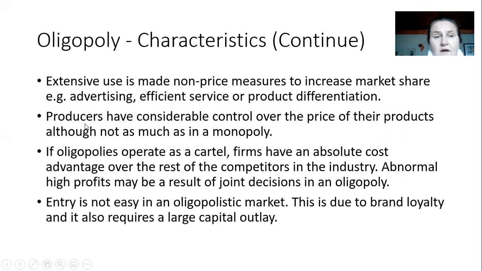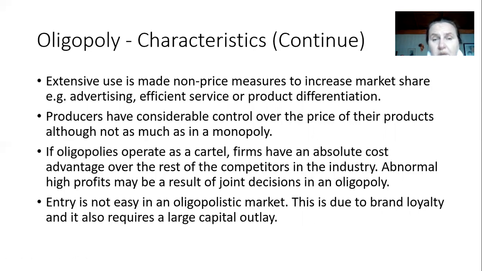Okay. Producers have considerable, not total, but considerable control, less than a perfect market or a monopolistic competition, but they've got more control than them, but obviously not as much as a monopoly. Okay, monopoly is the market form that's got the most control.